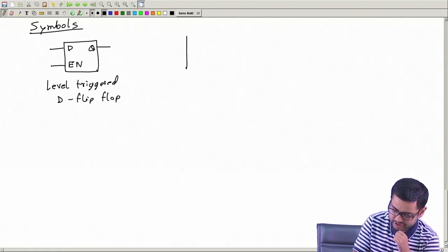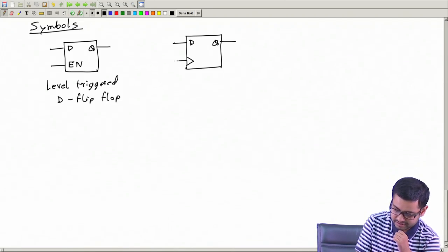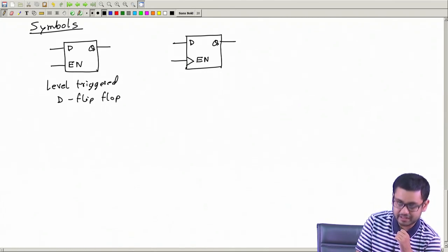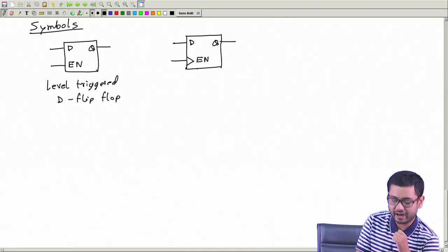But if I draw the same thing, D and Q as here, but put a triangle and write enable, then this triangle symbol means this is an edge triggered D flip flop.